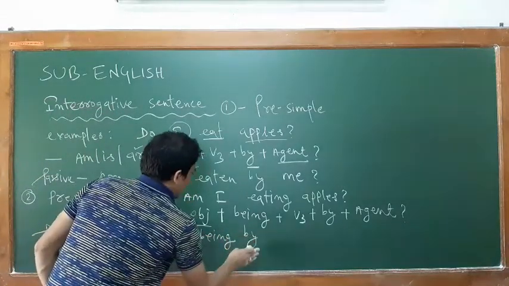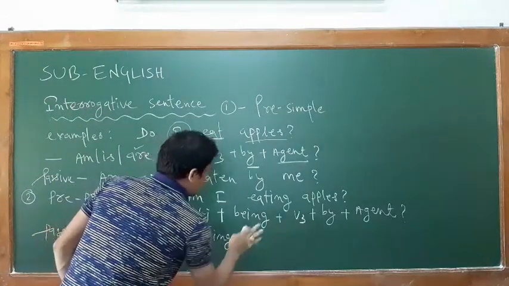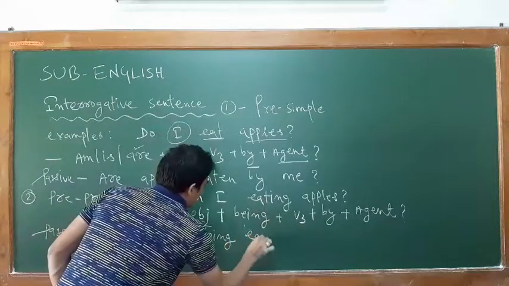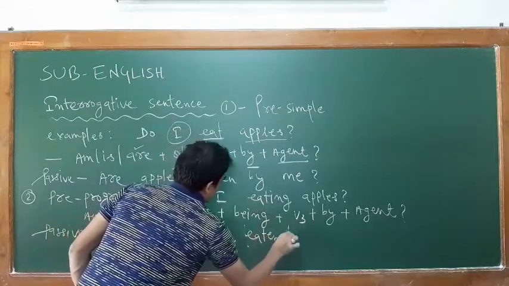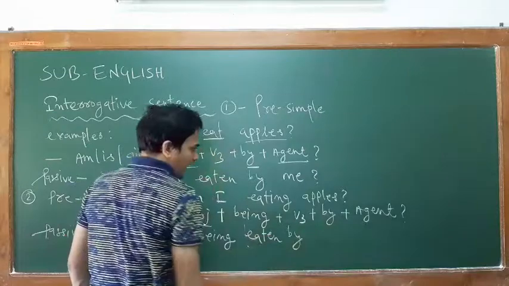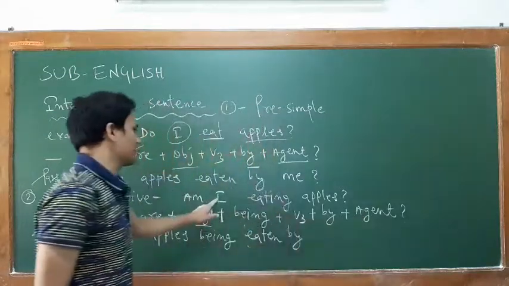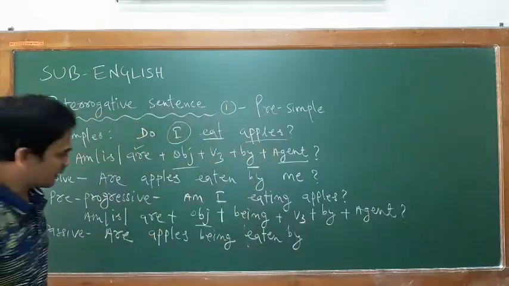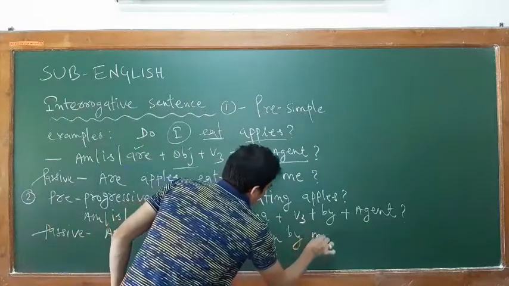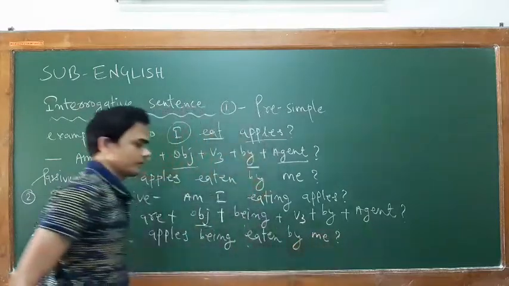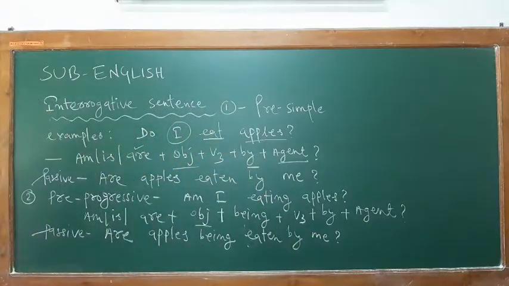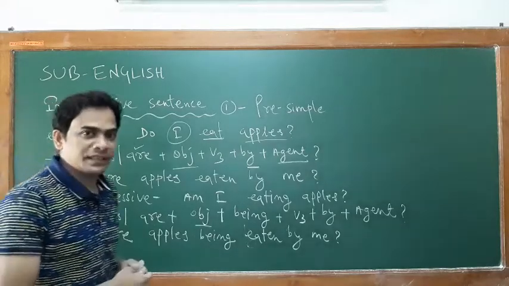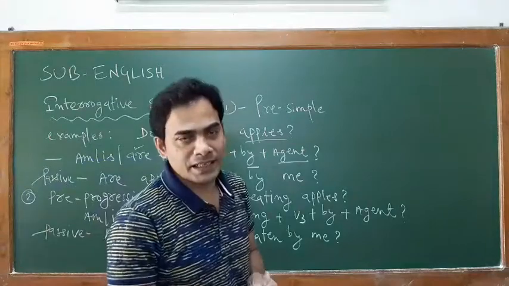Then we have the V3 of your eat verb, so it should be eaten, plus preposition by, then agent, means the subject will go to its object position. So what is the object of I? Me. Okay. Now this particular structure a child can use while converting any active into passive.